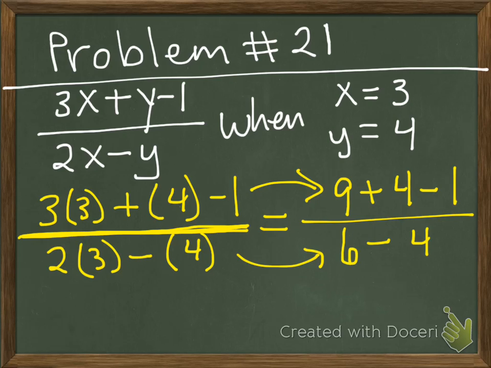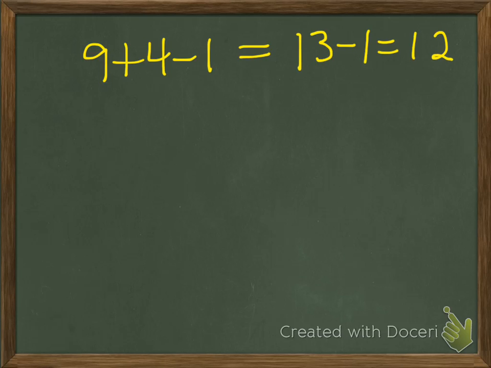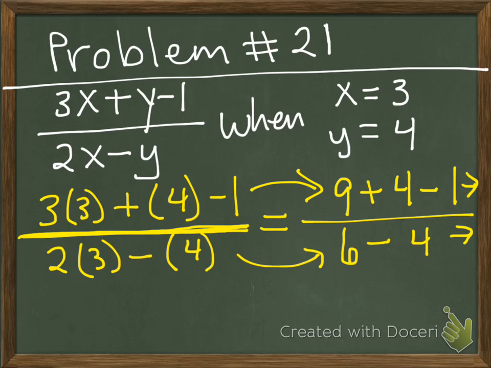So now what I have in the top part and the bottom part. In the top part I have 9 plus 4 minus 1. So 9 plus 4 minus 1 is 13 minus 1, which is 12. That's my numerator. And then in my denominator I had 6 minus 4.